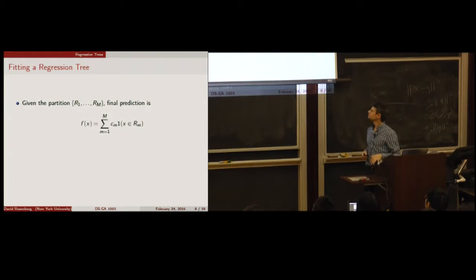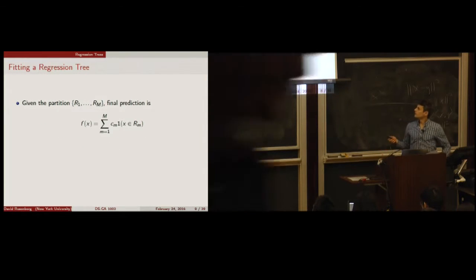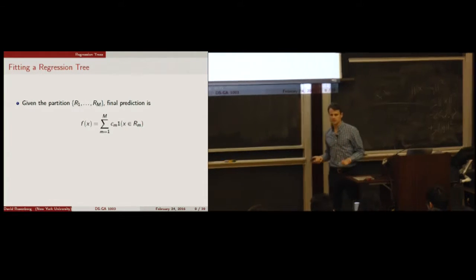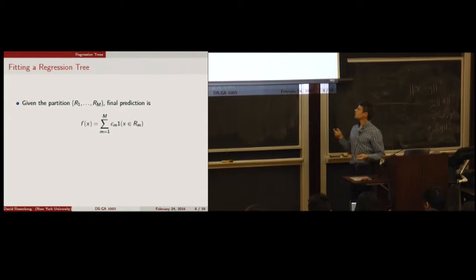All right. And one way to model the prediction function, we want to write down this prediction function, f of x. One way to write it is as a summation over all the regions. If we take a point x, we write these indicator functions: indicator for x being in region m, right? This piece is a 1 if it's in the region and a 0 otherwise. So of course, a point can only be in one region because the regions are disjoint.